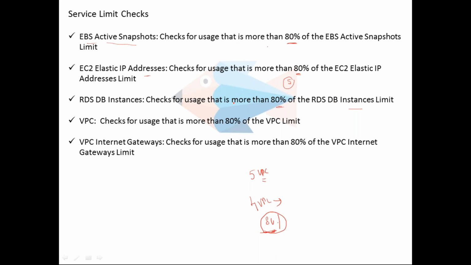And VPC, I already told you, internet gateways also. You can have only one internet gateway for one VPC. That means if this VPC limit is 5, obviously the internet gateway limit is also 5. So whenever you cross 80%, it will just go and warn you.